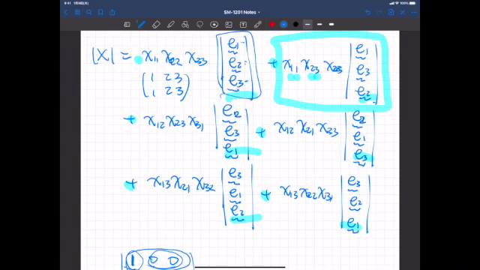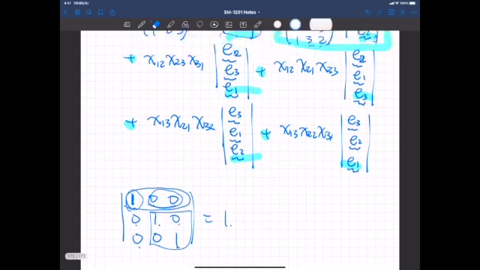Yeah, this should be 3, 2. And so this is the permutation from 1, 2, 3 to 1, 3, 2. So this 3, 2 comes here. It's the permutation here.